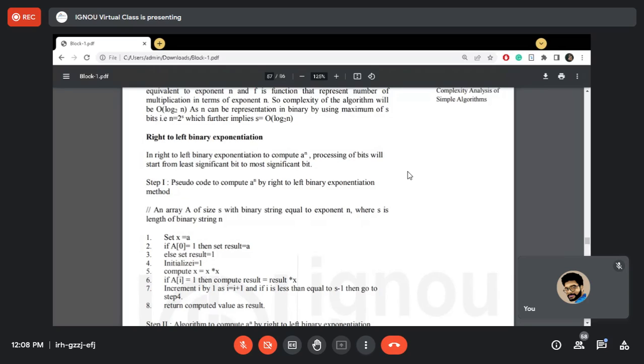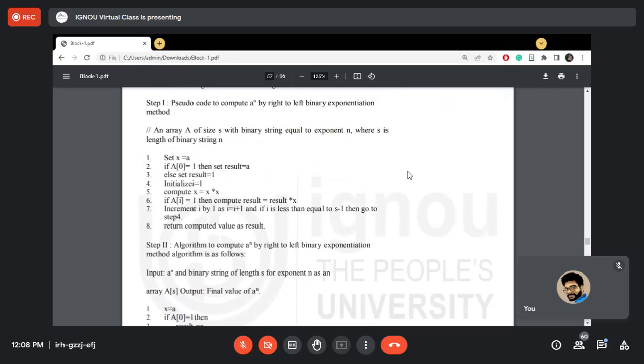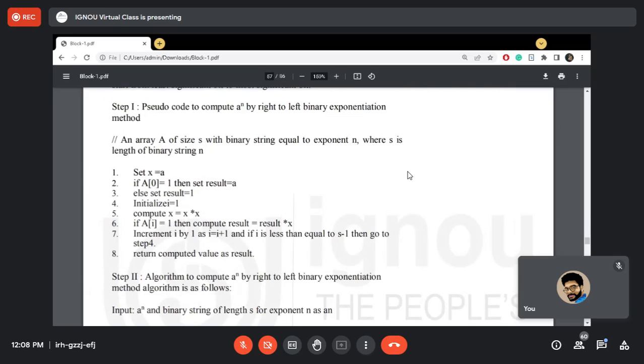So now the next one is right to left binary exponentiation. Here we have to proceed from the 0th location. In the previous example, we proceeded from the second last. Here we implement from the first location. So here is the pseudocode. Set x equal to a.